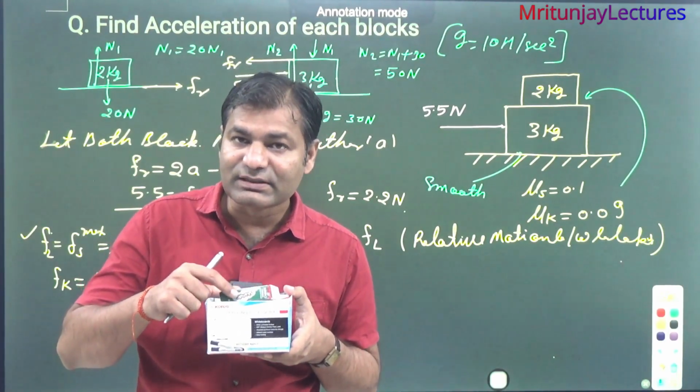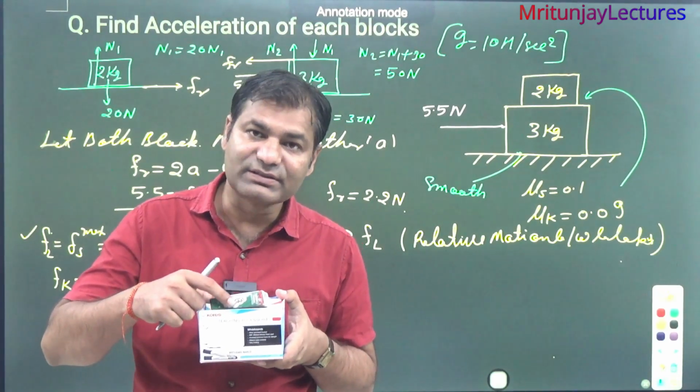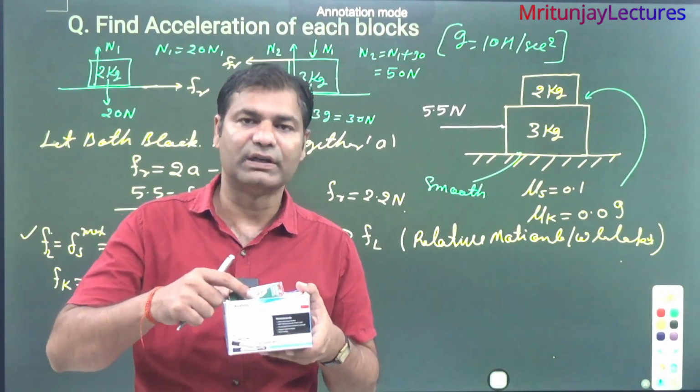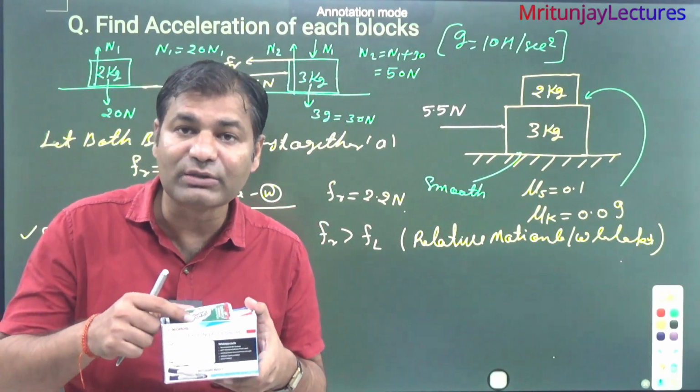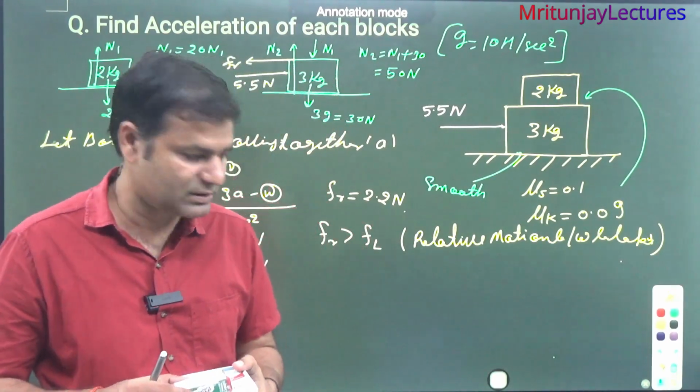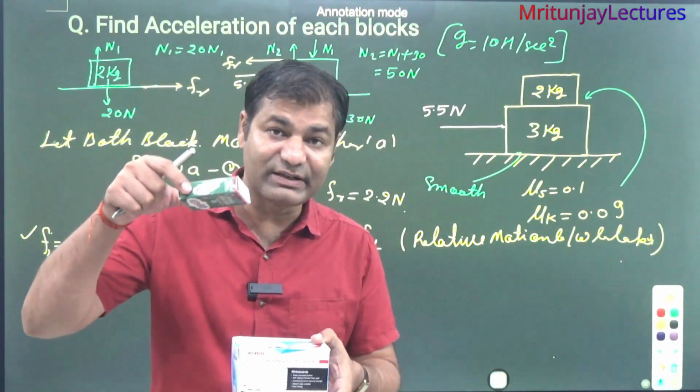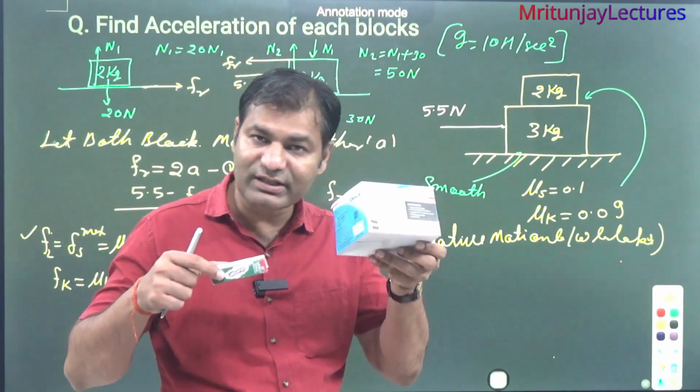So it is not sufficient for both blocks to move in the same direction, or you can say with the same acceleration. Clear or not? That's why both accelerations are different. Clear?